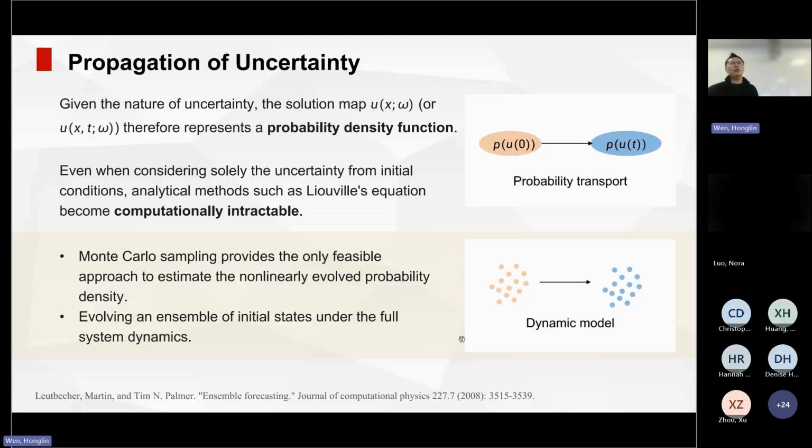What we can do is Monte Carlo sampling: we get samples from the initial condition space, then propagate them over time, and you get scenarios in the solution space. So it reduces the problem to several independent runs of your PDE model.